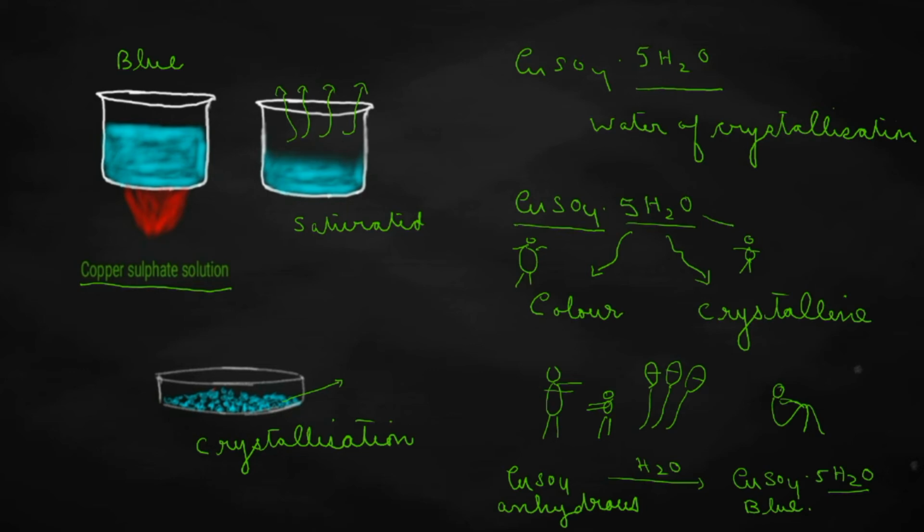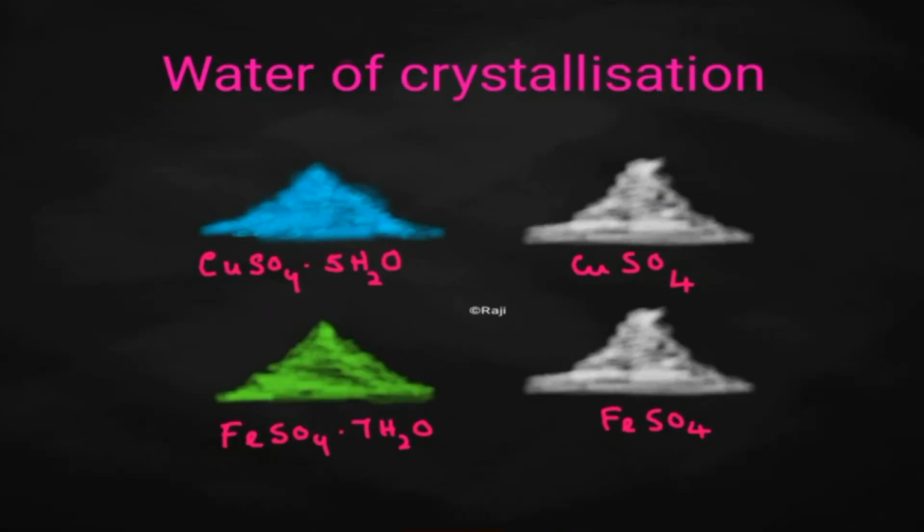So this can be used as a test for water. The liquid you are adding to anhydrous copper sulfate should be water, then only it will turn blue. Hydrated copper sulfate is blue in color, and anhydrous copper sulfate does not have any color. If you add a few drops of water, again it will turn blue.